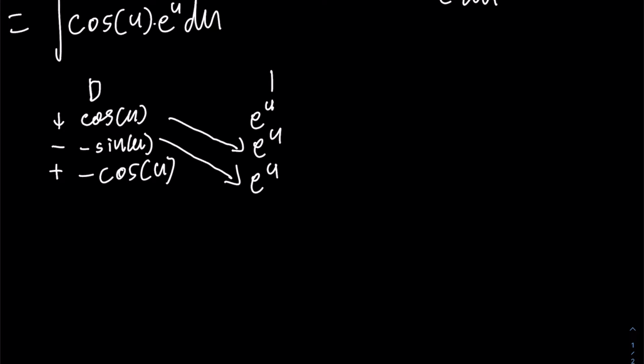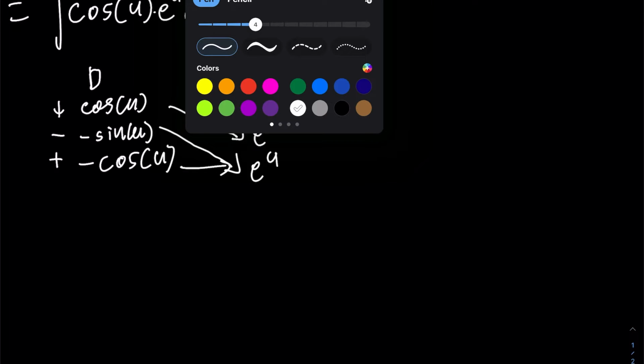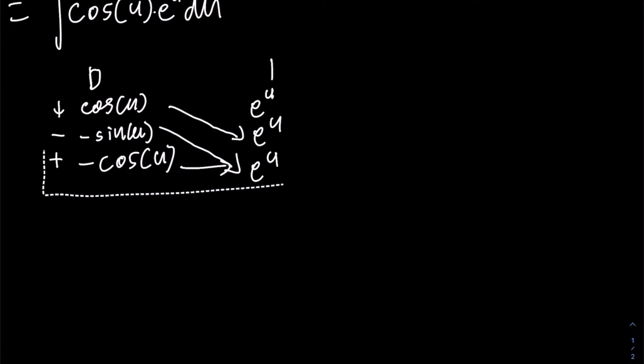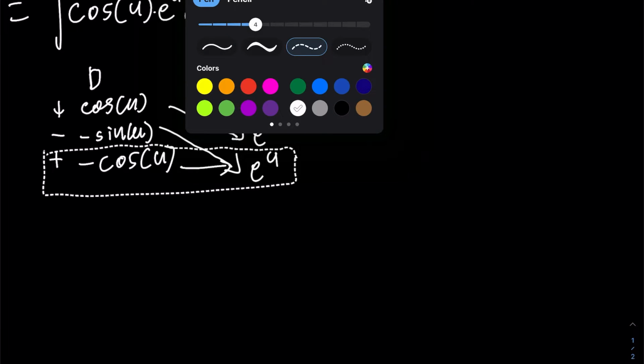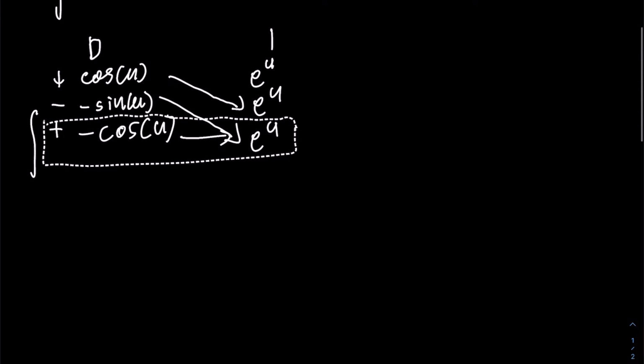And of course, these signs need to be applied to each function here. Then the last row is an integral, the product of the last row. Realistically, this part right here is just an integral. That is the case in every last row in the DI setup, no matter how many rows you have.